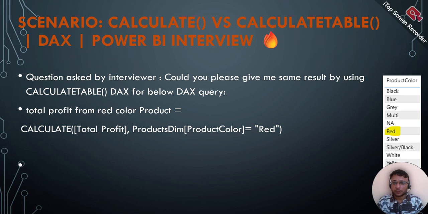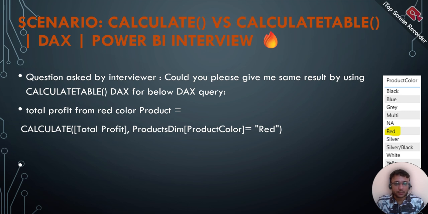The interviewer has given a Products Dim table having the product color column. The question is: could you please give me the same result by using the CALCULATETABLE DAX for the below DAX query? The DAX query is total profit from red color product equal to CALCULATE.